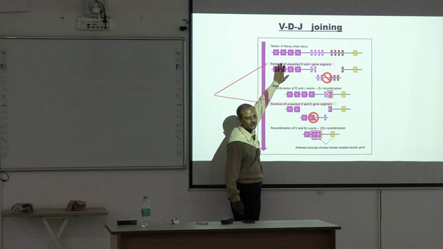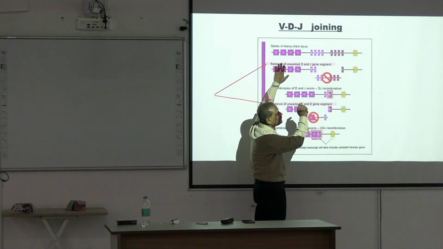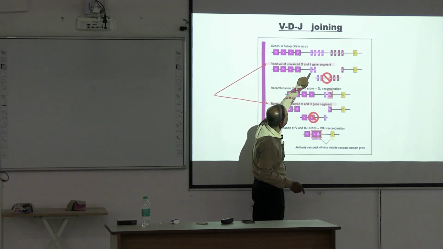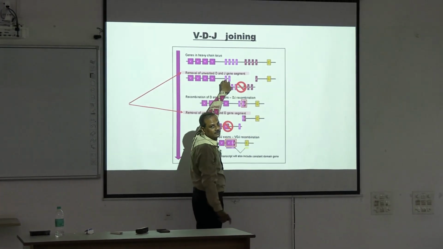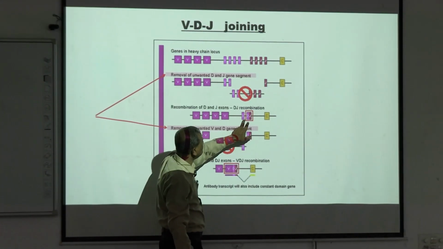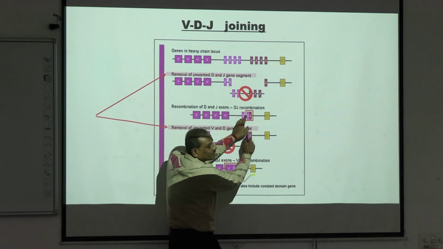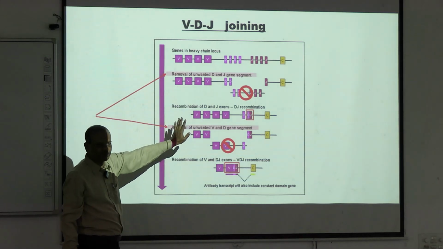We have not touched the variable part yet. We have only the D part and J part. So we have cut it, so we got 4 V, but this 2 D is there and 1 J is there. So this DJ combination will be occurring. Now DJ combination is there.